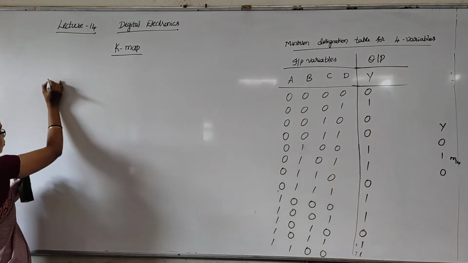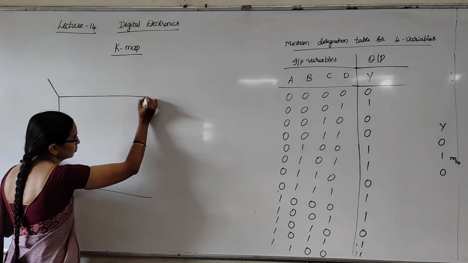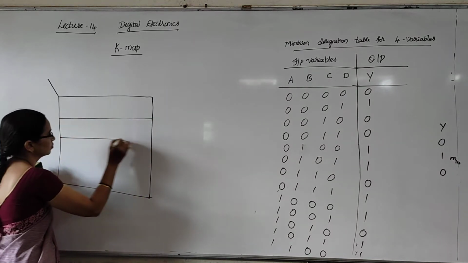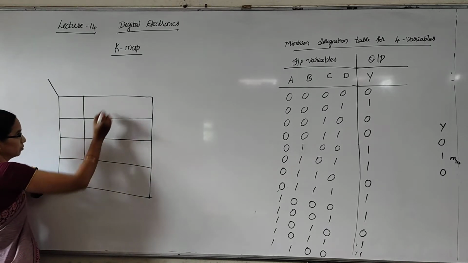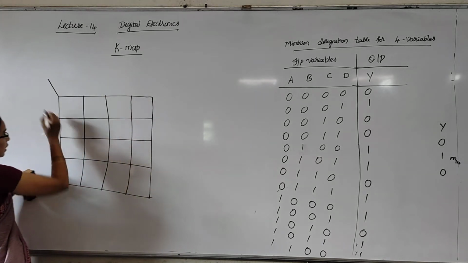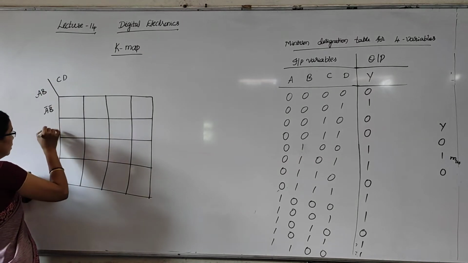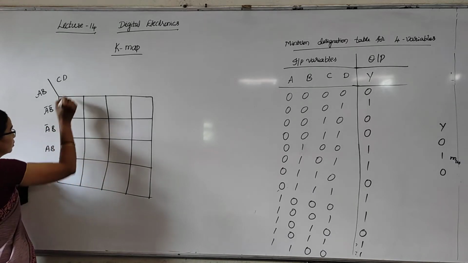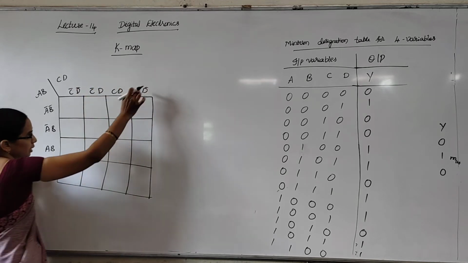4 variable K-map: here A and B, C and D, A bar B bar, A bar B, A B, A B bar, C bar D bar, C bar D, C D and C D bar.